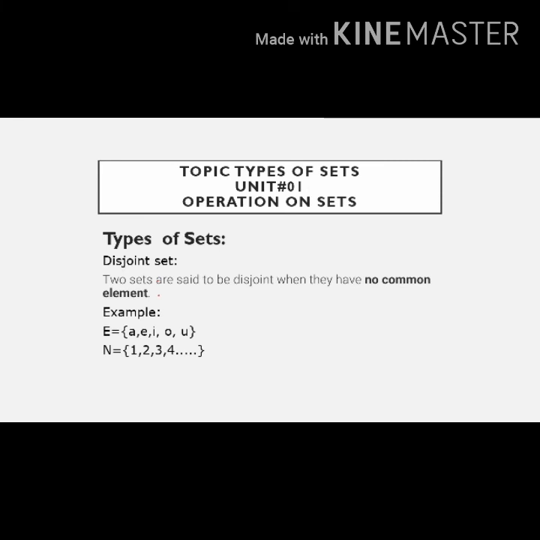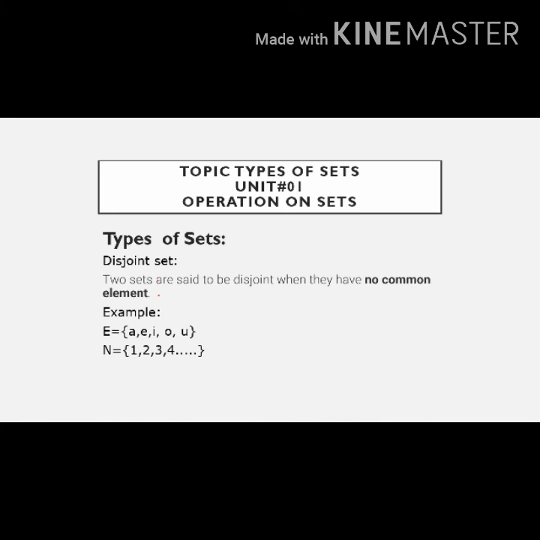Next type of set is disjoint set. Two sets are said to be disjoint when they have no common elements. It clearly shows that when we compare two sets and there is not a single element that is common in both sets, then these two sets are known as disjoint sets.